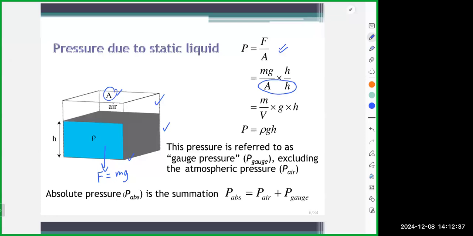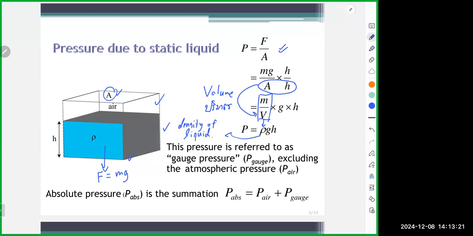When the area multiplies, sorry, when the area multiplies H, it becomes volume. The ratio of the mass and the volume becomes density. So rho is the density of the liquid.